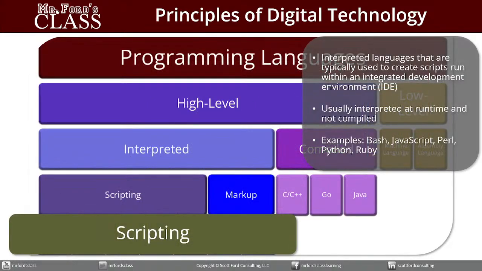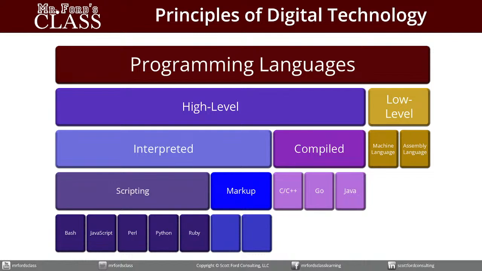Scripting languages are interpreted languages typically used to create scripts run within an integrated development environment, an IDE, usually interpreted at runtime and not compiled. Examples of scripting languages include Bash, JavaScript, Perl, Python, and Ruby.